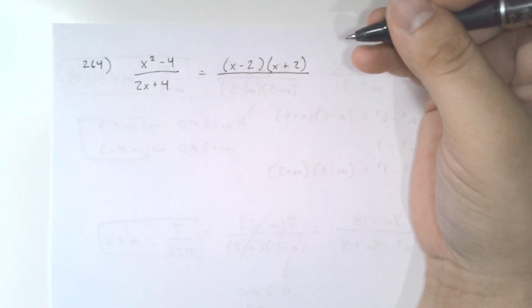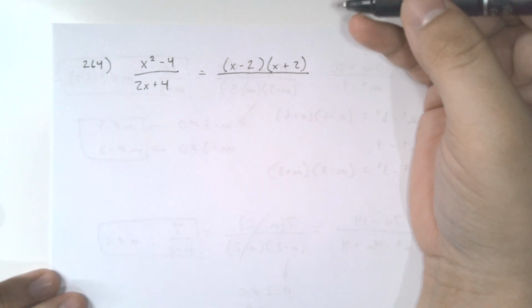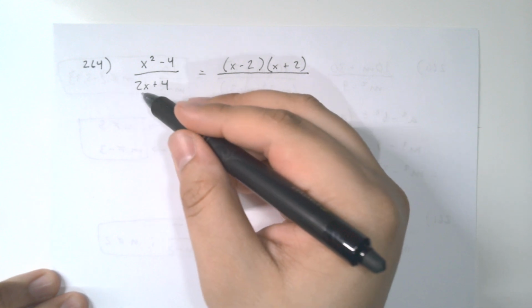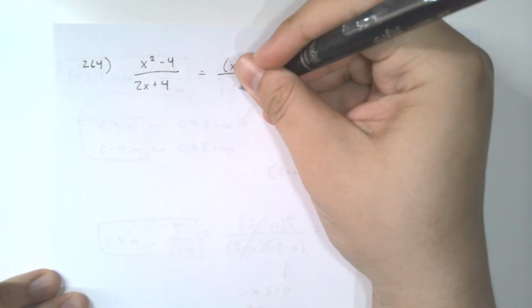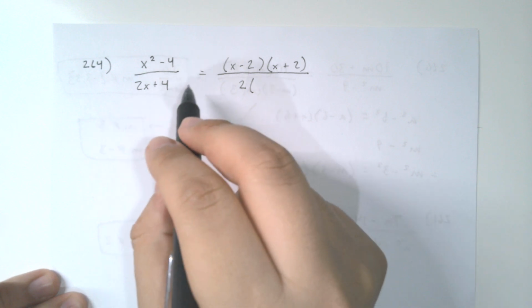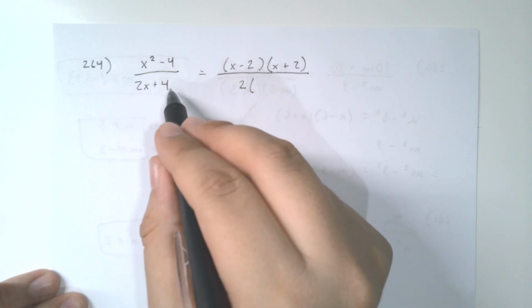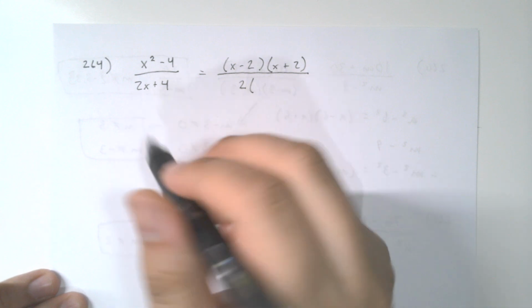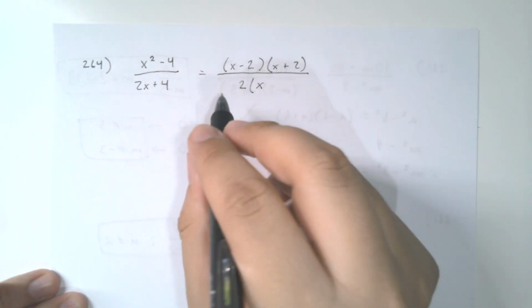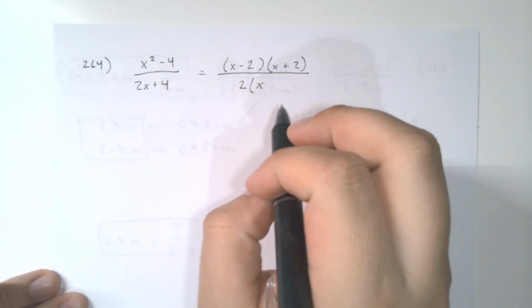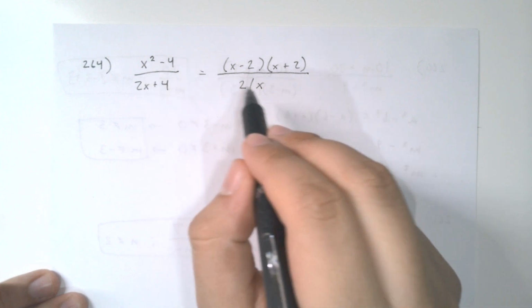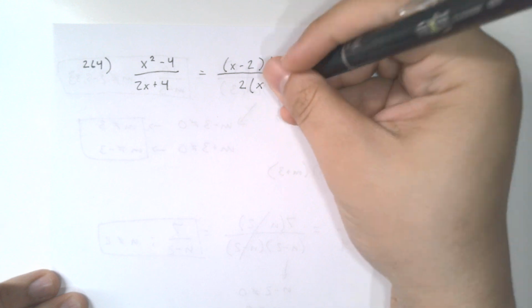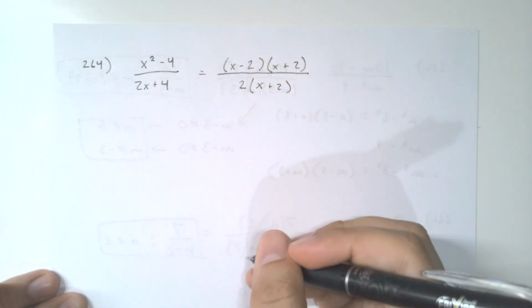And then, factoring the denominator, the greatest common factor between 2 and 4 is 2. We can't pull out any variables since this term doesn't have a variable. And then 2 times what gives us 2x? x, because 2 times x is 2x. And then 2 times what gives us 4? Well, 2 times 2 gives us 4.